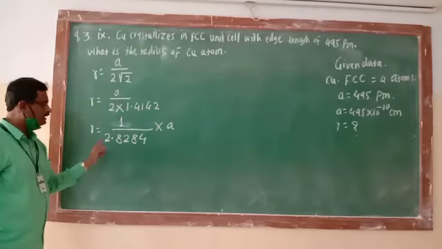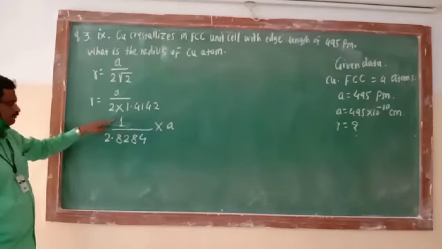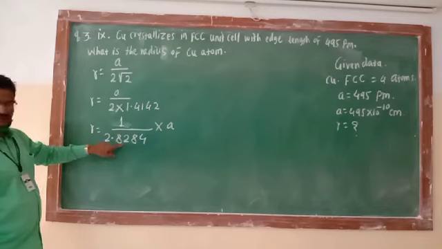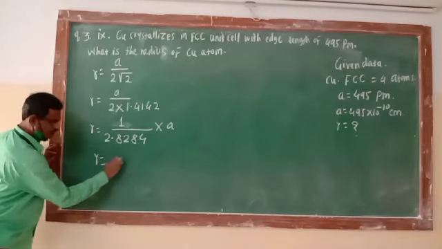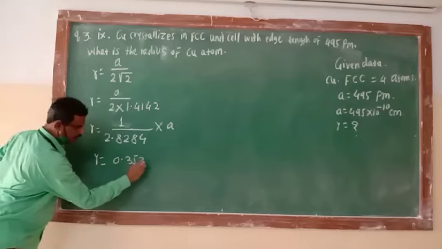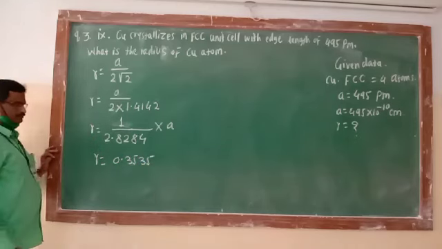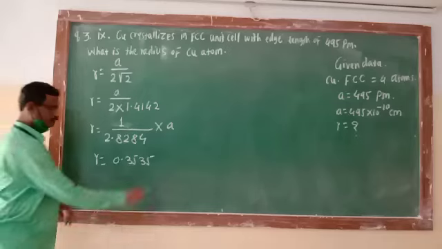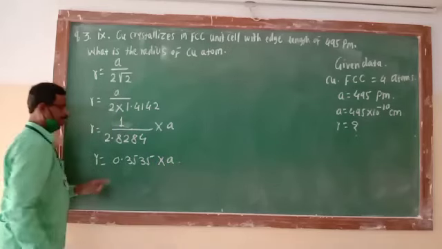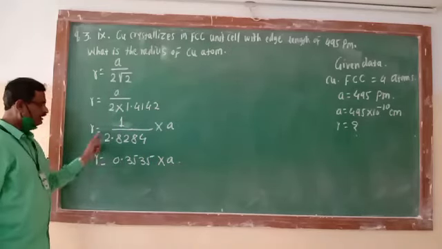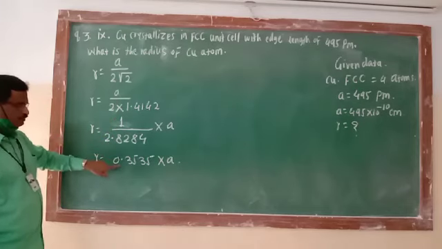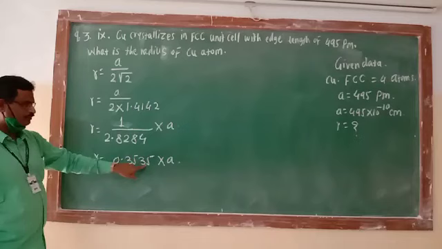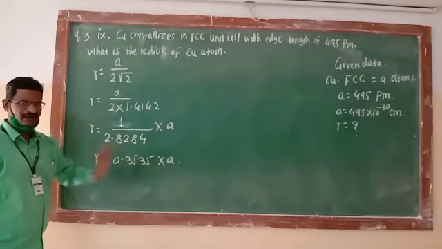If we solve 1 divided by 2.8284, this comes equal to 0.3535, multiplied by a.